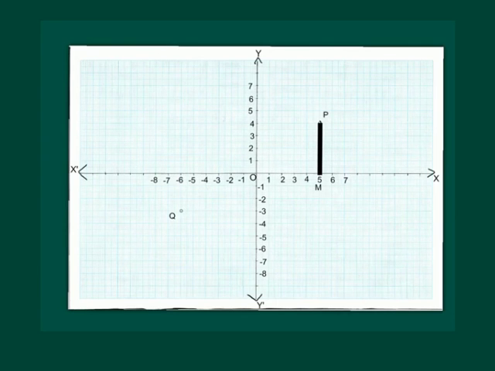So we draw a perpendicular PM on the x-axis and PN on the y-axis. Now it is clear that distance of point P from the x-axis is PM and its distance from the y-axis is PN.